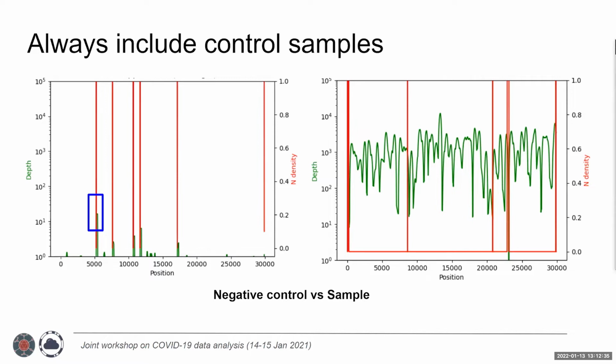So this is an example of a negative control versus the positive control, what that looks like. One thing I'll point out is I've put this little box in blue. This is like a danger warning. This is a portion of the negative control that has reads with greater than 10 times coverage. So that's potentially something that could be called as a base or a mutation.